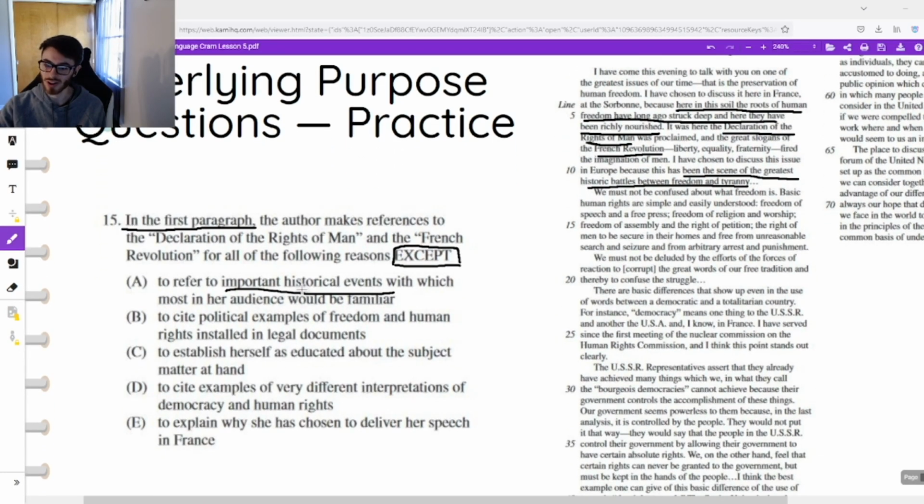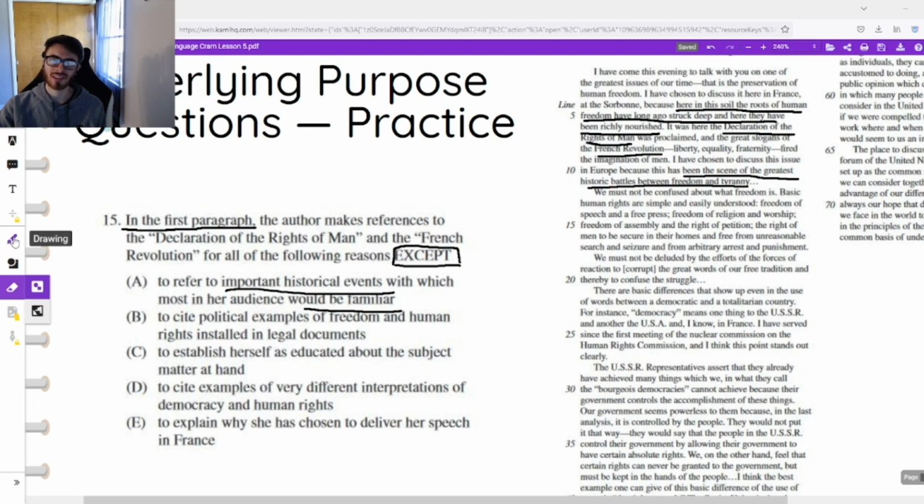So yeah, if they're talking to the United Nations, I think they would be familiar with those. So that is possible. I don't think it's the main purpose here, right? But it could be one of the following reasons. And since we're looking for one that is incorrect, I think A is probably going to be one of the reasons, right? I don't think it's going to be the except.